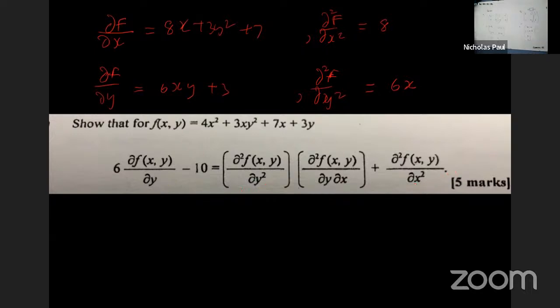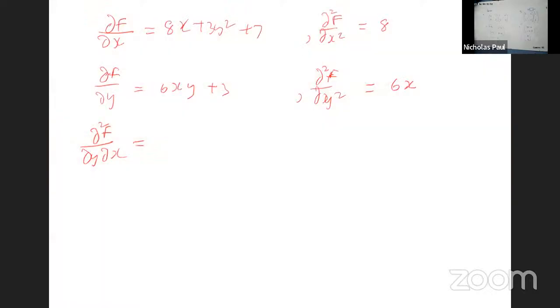So let us see how it looks. Partial derivative of f, yx. So you're doing the x first. So I differentiated this with respect to y, and I will get 0 plus 6y plus 0.